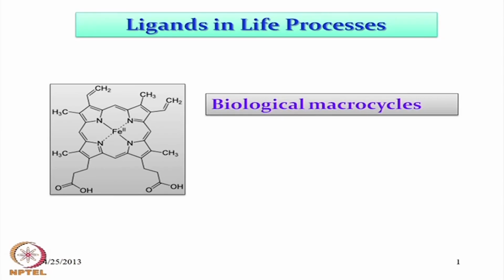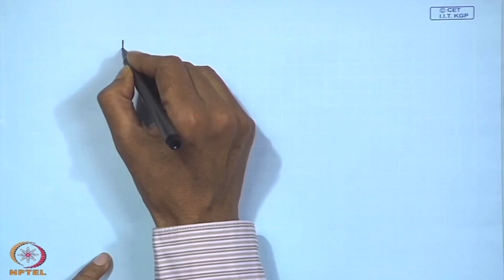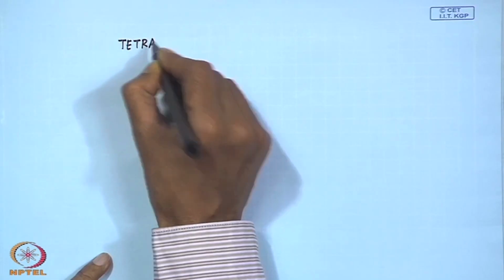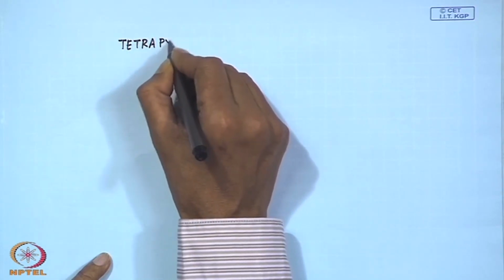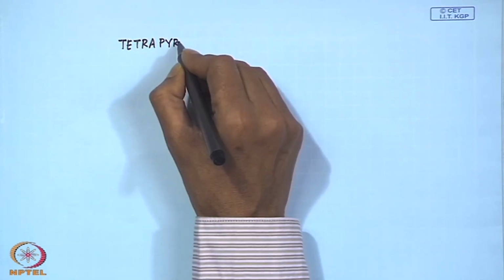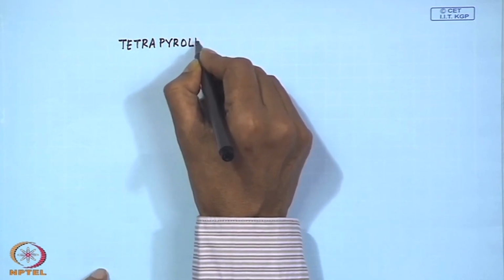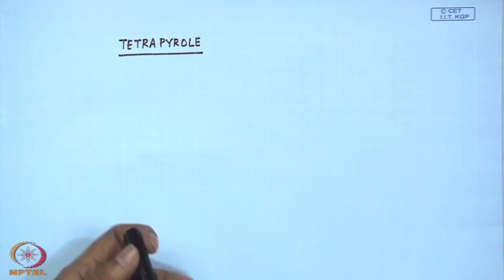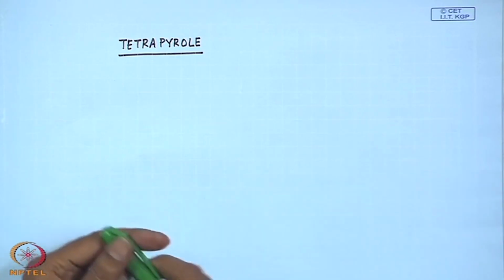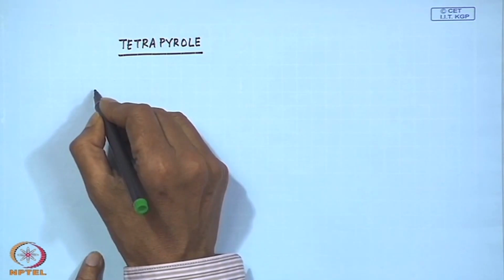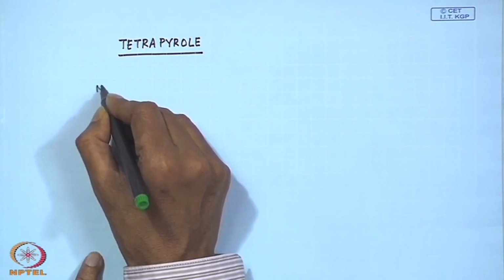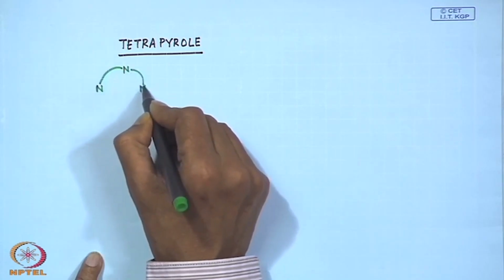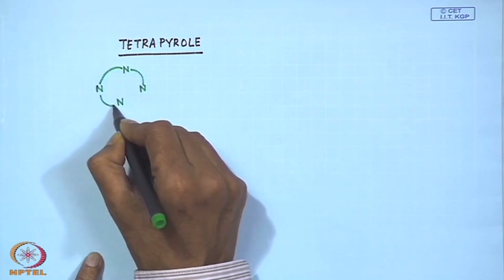So, biological system can have a tetrapyrrole system. So, we can have one pyrrole unit, another pyrrole unit, then another pyrrole unit, and the fourth one.